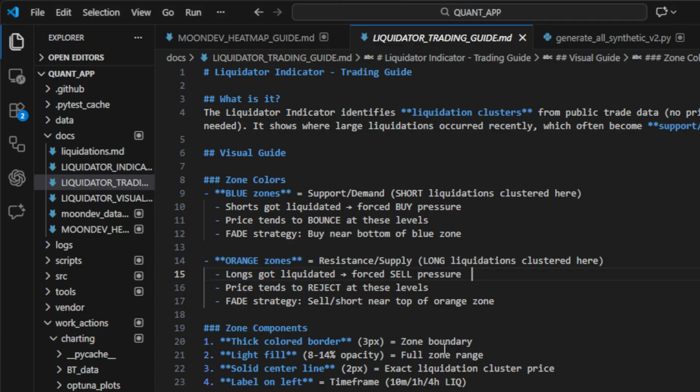So that is why this is probably like this. So blue zones support demand, short liquidations clustered here. Short got liquidated, forced buy pressure, price tends to bounce at these levels, fade strategy, buy near bottom of the blue zone.